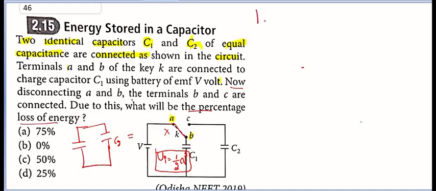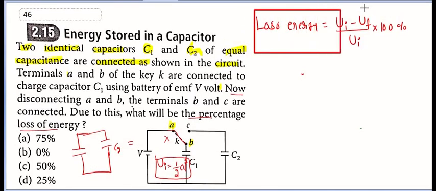So loss of energy. Okay, so what is the formula for loss of energy? That is change in the potential energy divided by initial potential energy into 100. It is a percentage. So this is the loss of potential energy.